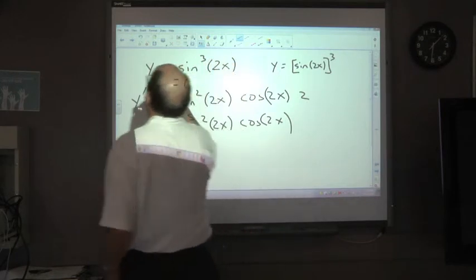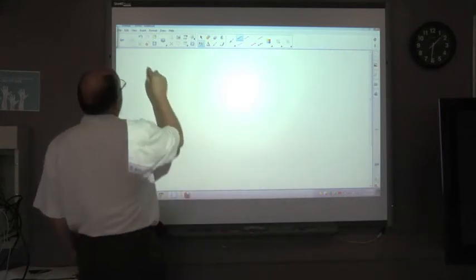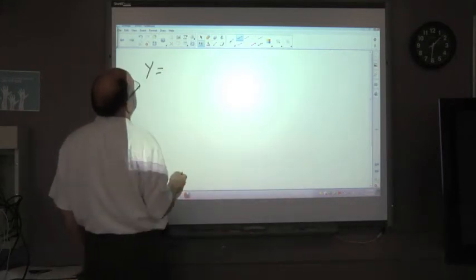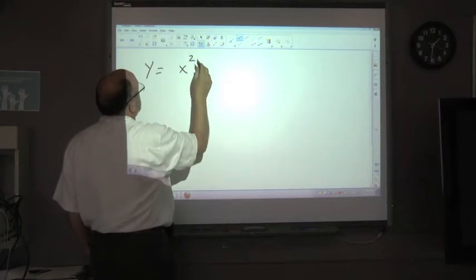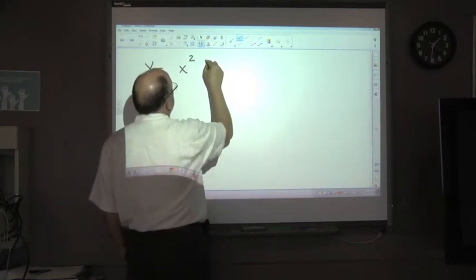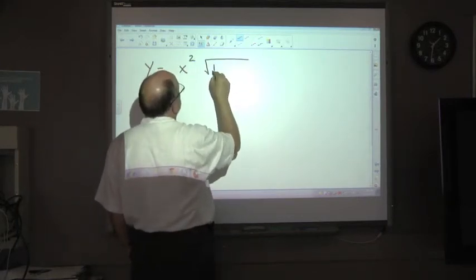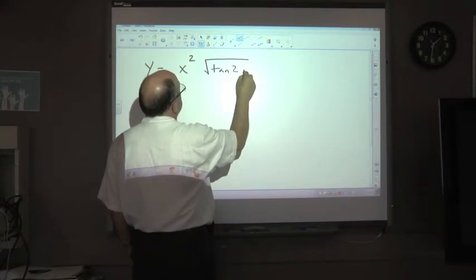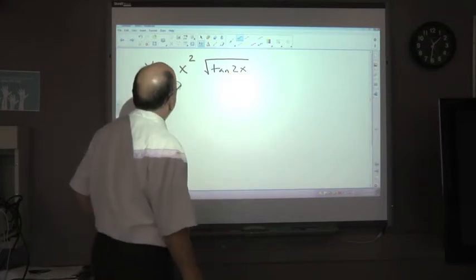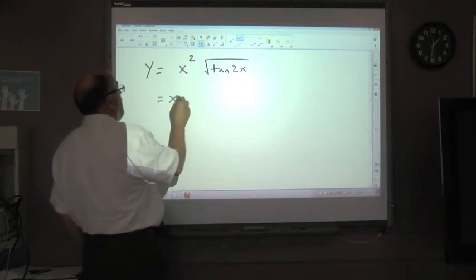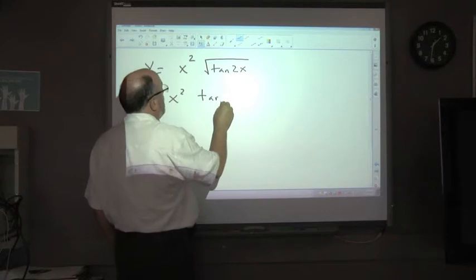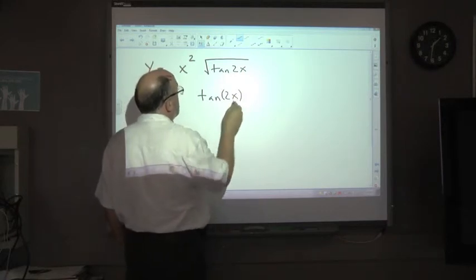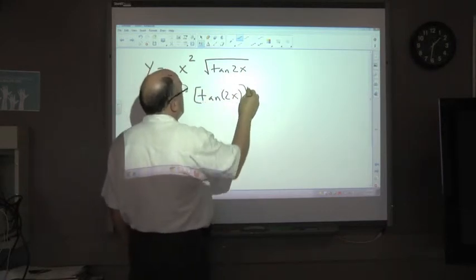So let's look in terms of another example. Let's say we got y equals x squared times the square root of tangent 2x. First off, we got to get rid of the radical, so this becomes tangent of 2x to the 1/2 power.